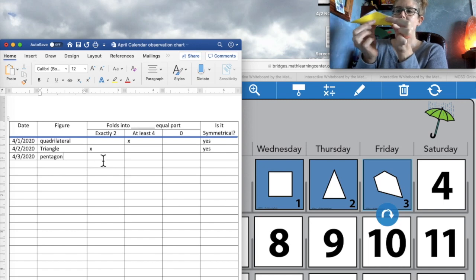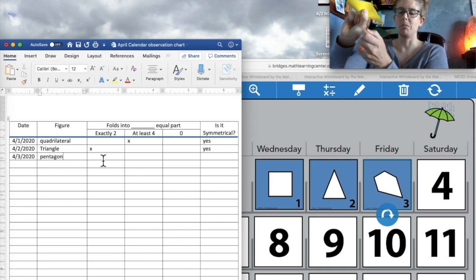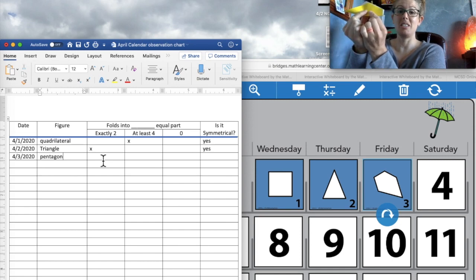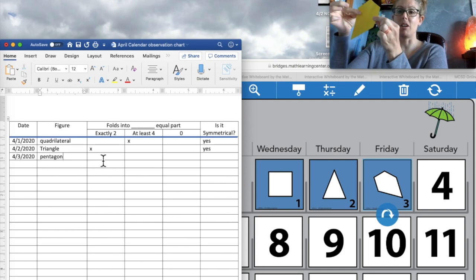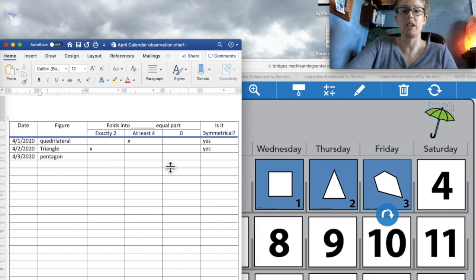And looking right here, I still see some white covering there on both sides. And so I still do not see any congruent. So I cannot fold this pentagon into equal parts. And on our observation chart, we're going to put an X for 0. We could not do that.